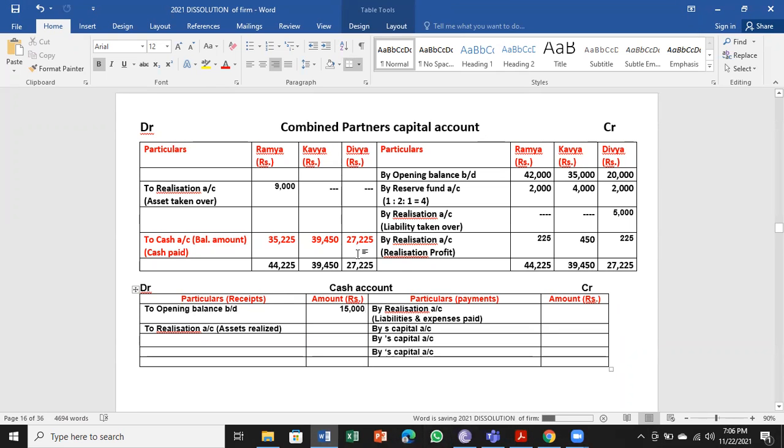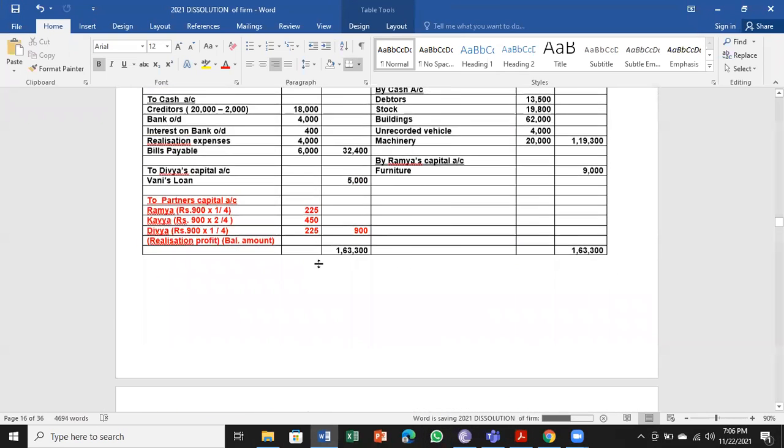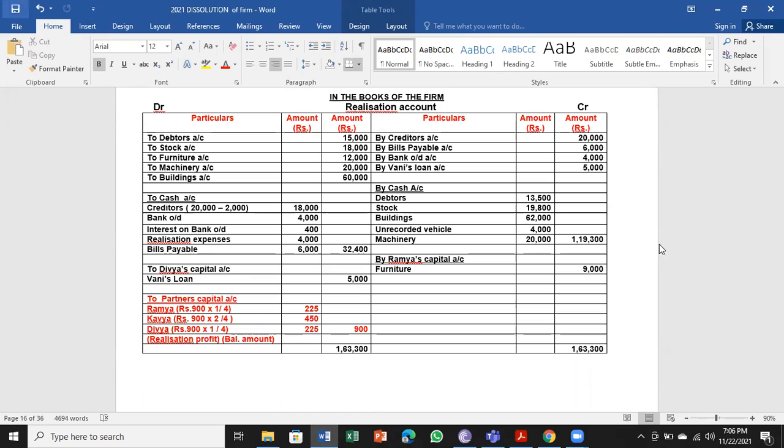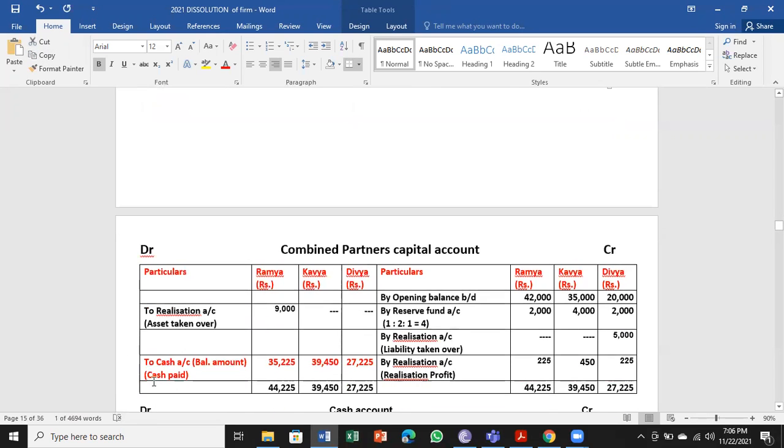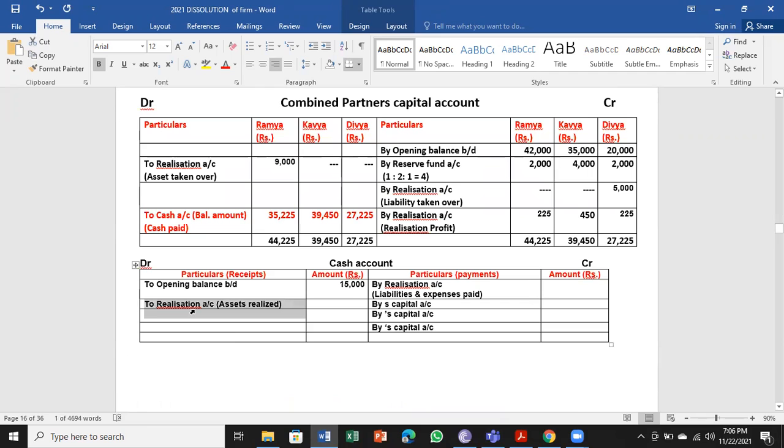Then for almost all the transfer entries, wherever cash is there, we have to transfer to the opposite side. So here we have by cash account, that entry is for all assets realized. This will be considered as to realization account, assets realized, amount 1,19,300.